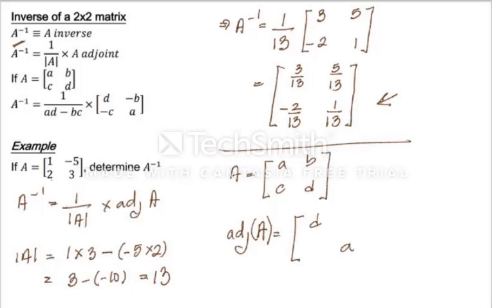The other two elements, B and C, stay in place, but their signs change. So this is minus B, minus C. So to find the adjoint matrix, you switch around the two leading diagonal elements. The other two elements, B and C, stay in place, but their signs change.